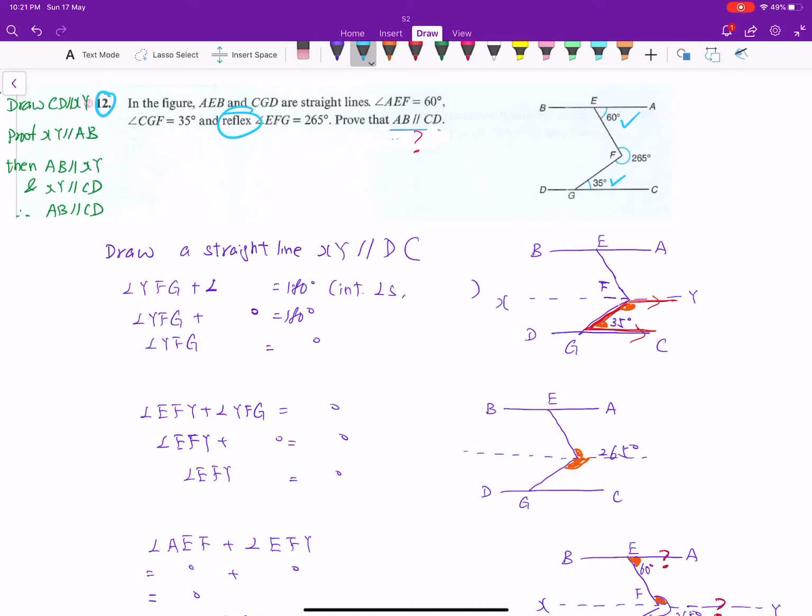We call this one only angle EFG, but the larger angle is called reflex angle EFG. So this one equals 265 degrees. We need to prove if AB is parallel to CD. Make a question mark to remind that it is not given. We need to check and prove.